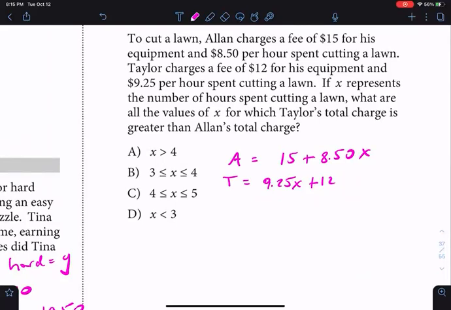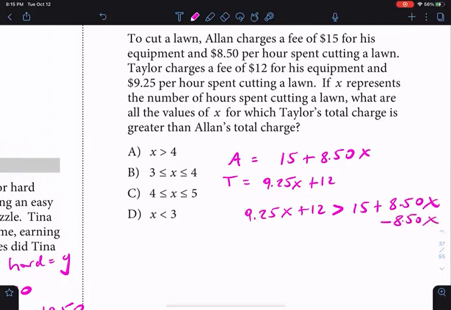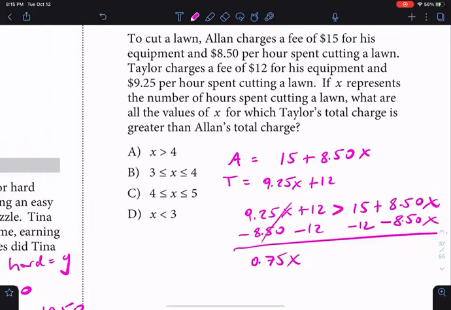So Taylor here, which Taylor's total is greater? Okay, 9.25 plus 12x greater than 15 plus 8.50x. Anyway, the math should not be too different. Subtract 8.50x on both sides again, and subtract 12 on both sides. So this is 75 cents, and here is 0 greater than 3, and I need to divide by 75.